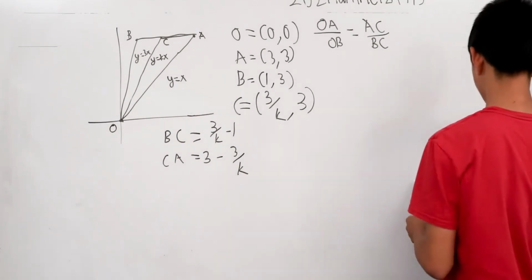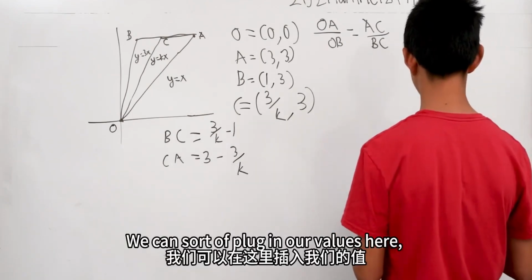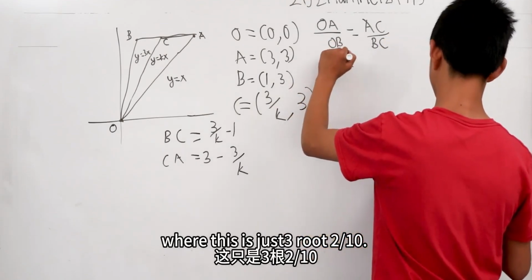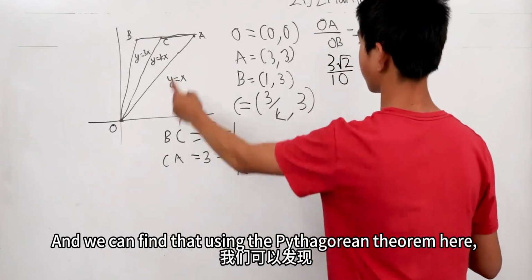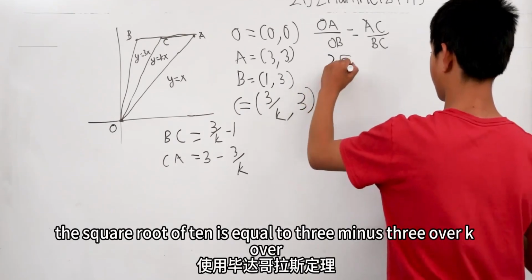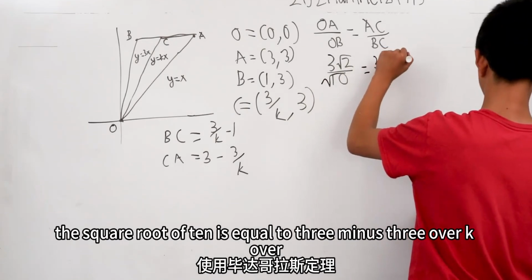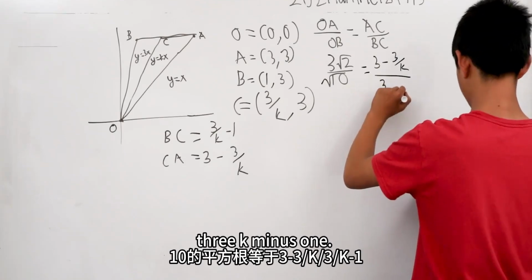Well, we can plug in our values here, where this is just 3 root 2 over the square root of 10, and we can find that using the Pythagorean theorem. The square root of 10 is equal to 3 minus 3 over k over 3 over k minus 1.